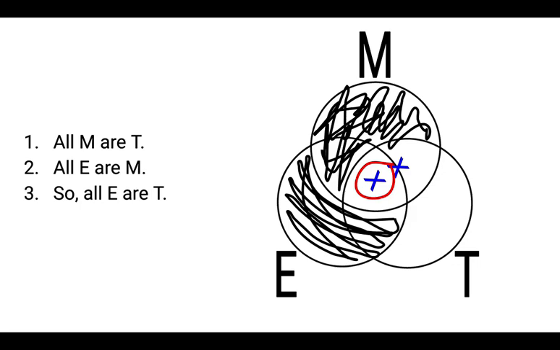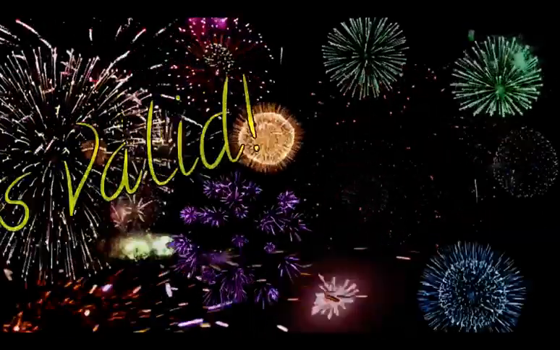And notice that the entirety of region 3 is contained by the T category. This means that in fact, every single E per this diagram is contained within the T. Yes, that means that all E are T, which means this argument is valid.